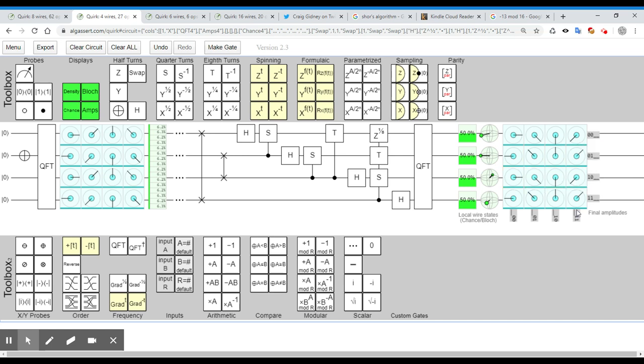Wait a second. So I have to apply a QFT. You're kind of getting the same, but it seems to be rotating the opposite way.